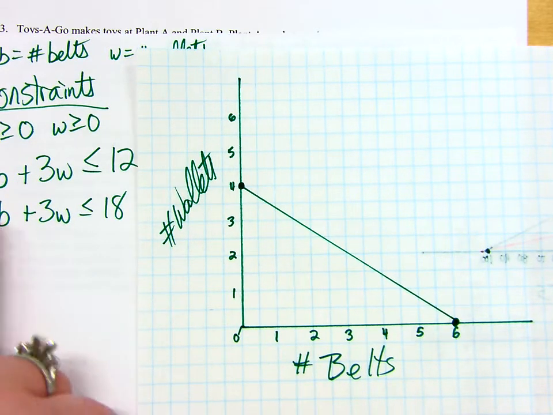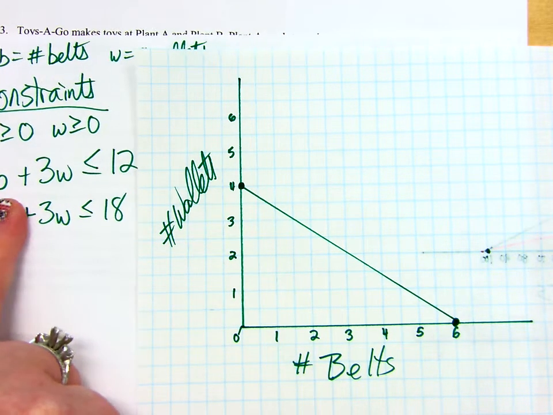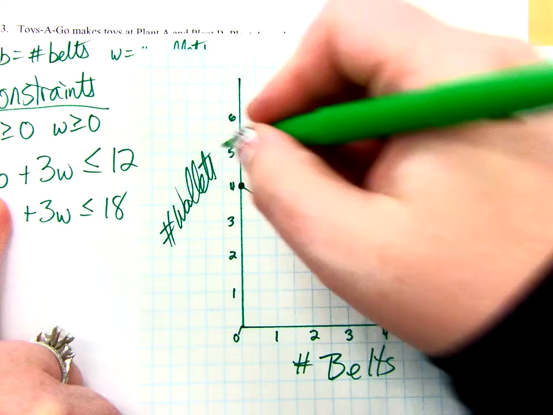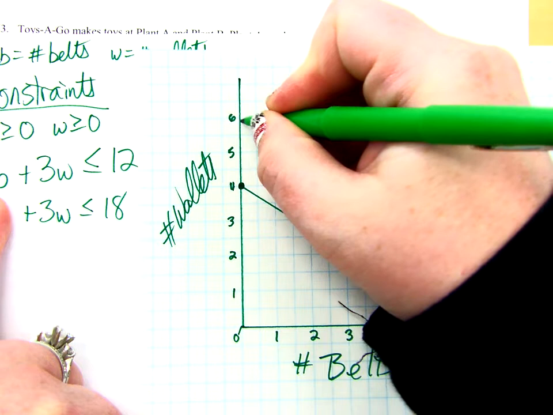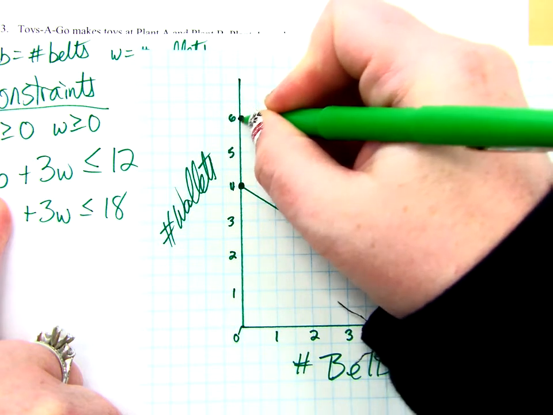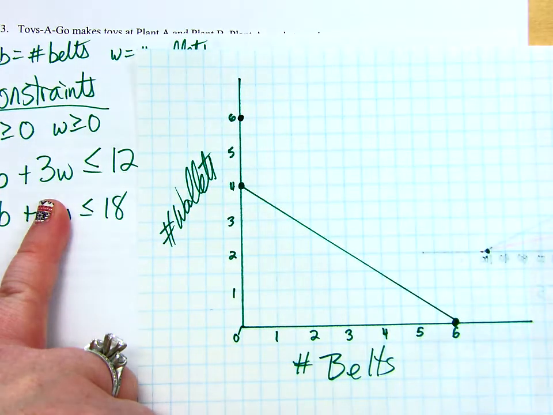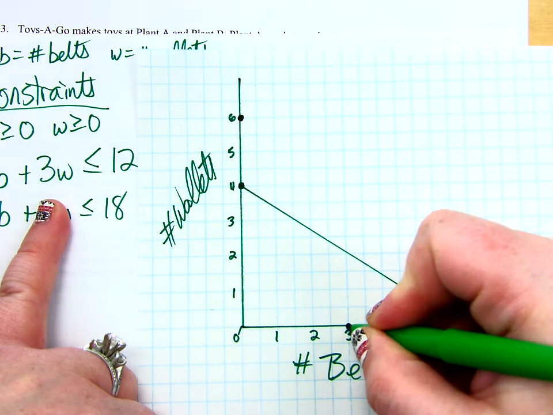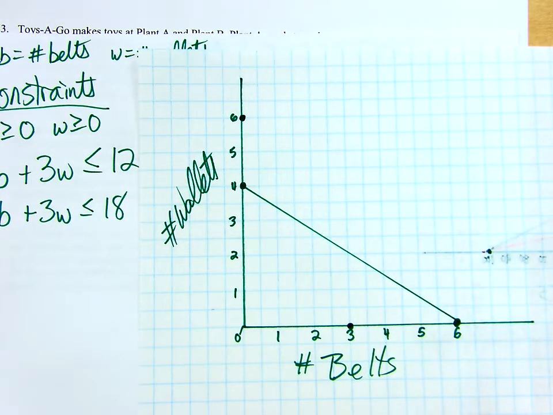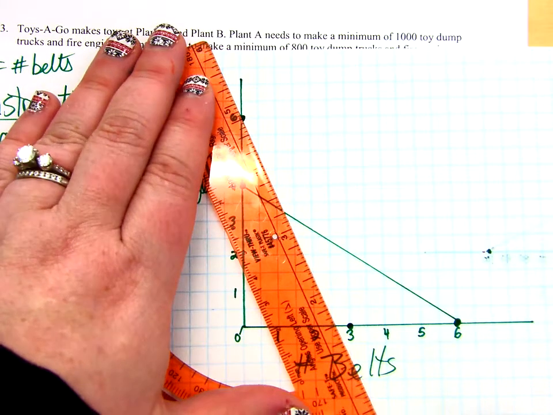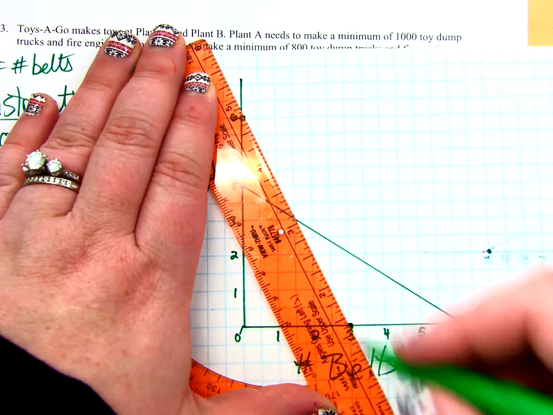All right, and then same thing for sewing. 0 for B, that would be 6 on the sewing axis, or on the wallet axis, and 3 for B. And 3.